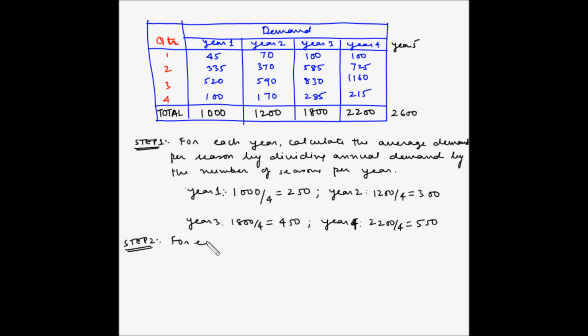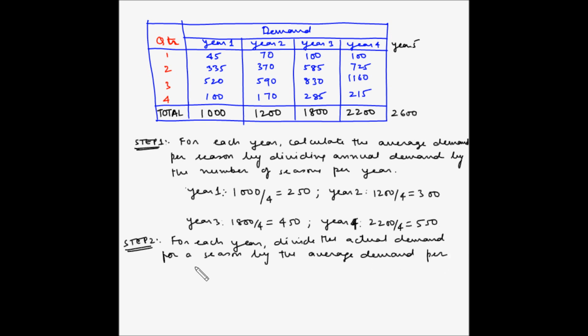So for each year divide the actual demand for a season by the average demand per season.